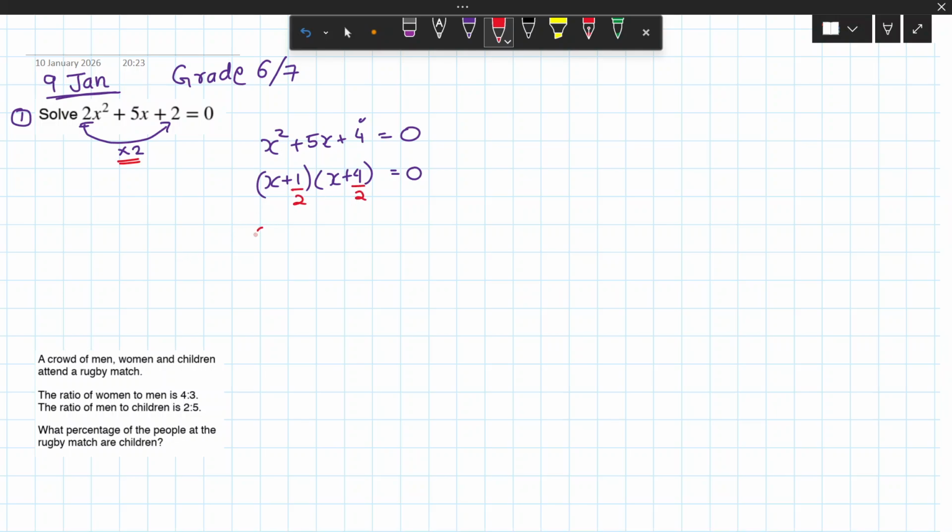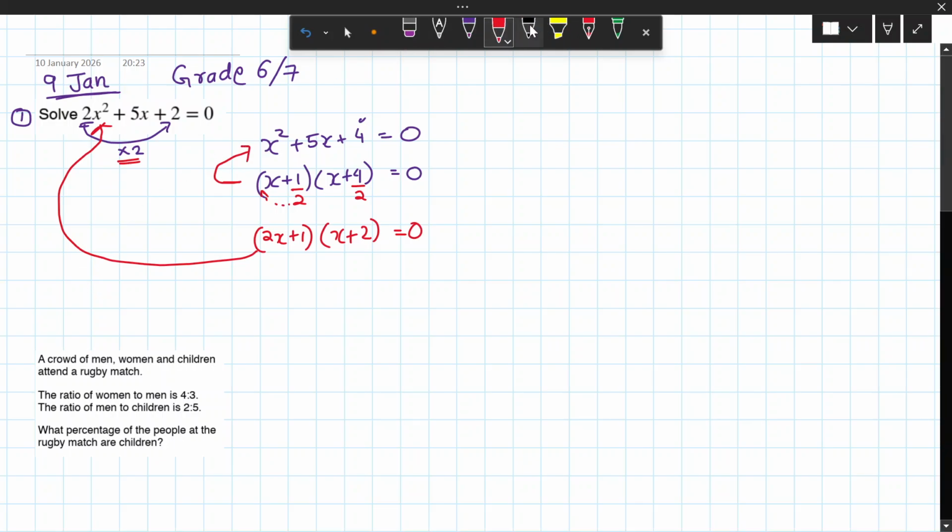So now this becomes 2x plus 1, and simplify that, giving us x plus 2 is equal to 0. So this is the factorized version of the question that we got. This is the factorized version of the purple one.